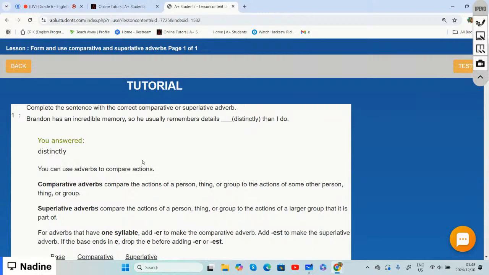A comparative adverb compares the actions of a person or thing to another person or thing. Superlative adverbs compare the actions of a person or thing to a larger group of things.